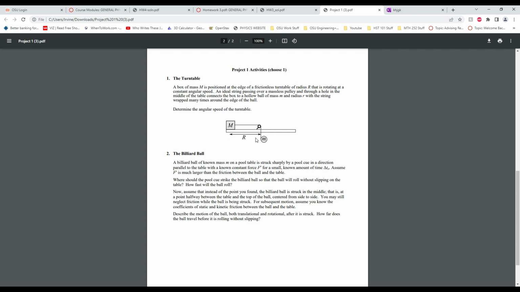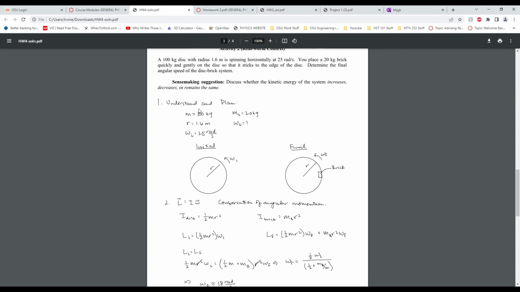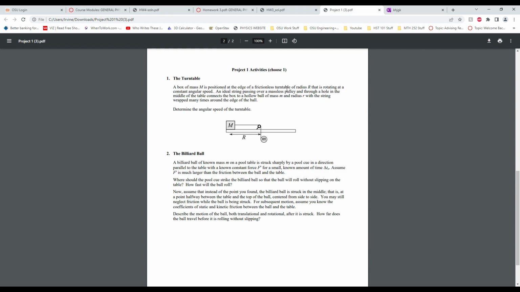The second problem that we looked at was homework 4, problem 2, the disc brick system, where we were trying to find the angular speed. We can see there it's going to be constant, which is pretty much what it is in the project, where it's rotating at a constant angular speed.